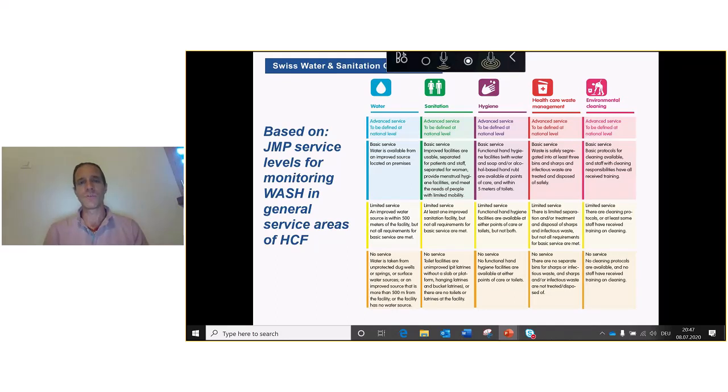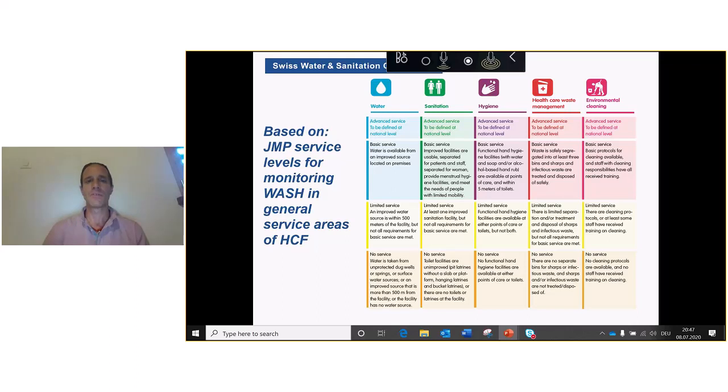So here, what's important to note is that these targets and monitoring definitions of the JMP are the same as our outcome indicators for WASH in healthcare facilities. We're aiming at this level of basic services in each of the 5 categories.